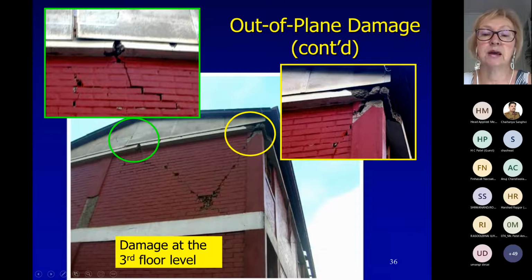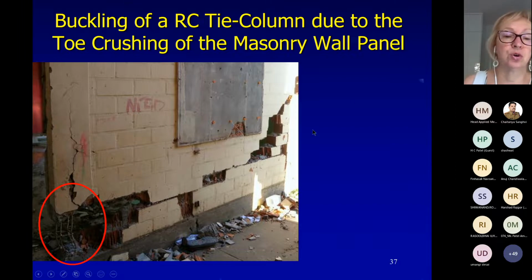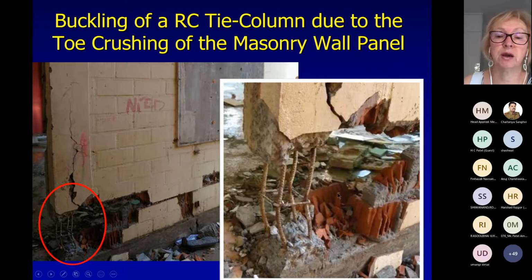You can see that the crack and another detailed crack expanded through the tie column in that case. This is some other buildings, also showing the damage at the tie column at the base, the so-called toe crushing failure mechanism.